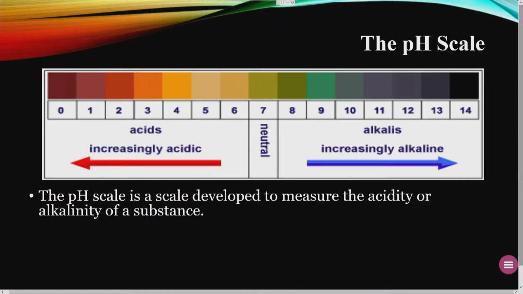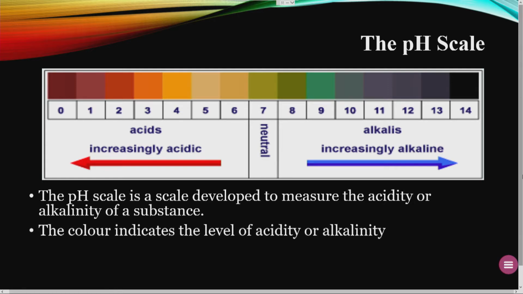The pH scale is a scale developed to measure the acidity or alkalinity of a substance. The color indicates the level of acidity or alkalinity in that substance. What we need to note is that the scale ranges from 0 to 14.